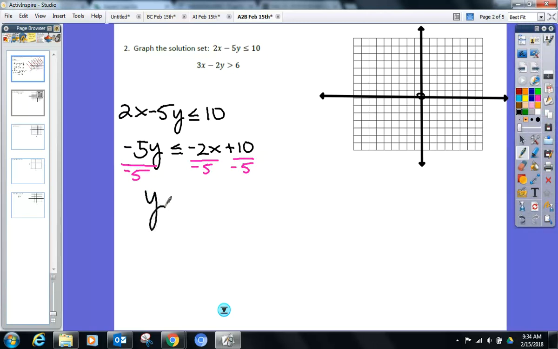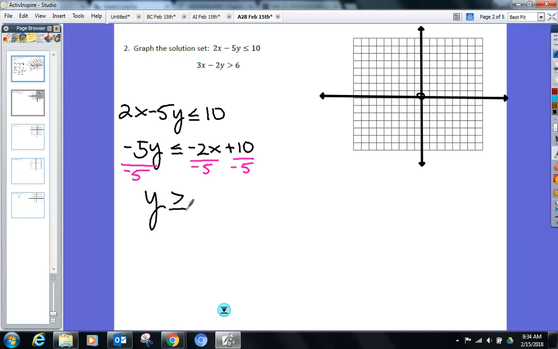So it'll be y is greater than or equal to negative 2/5 x minus 2. Stop me if any of the transforming part's probably the hardest.